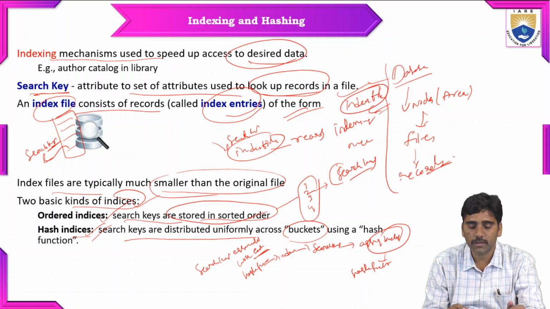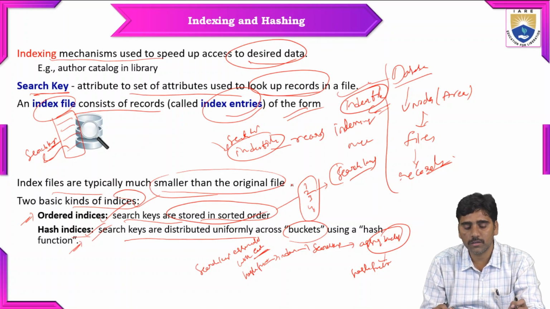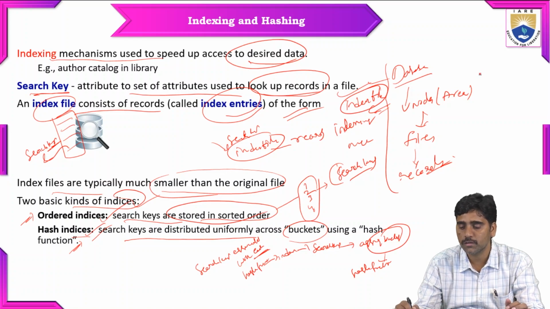There are two types of indices. One is ordered indices, and the second one is hash indices. Ordered indices are those where the search keys are stored in sorted order, like 1, 2, 3, 4, 5.